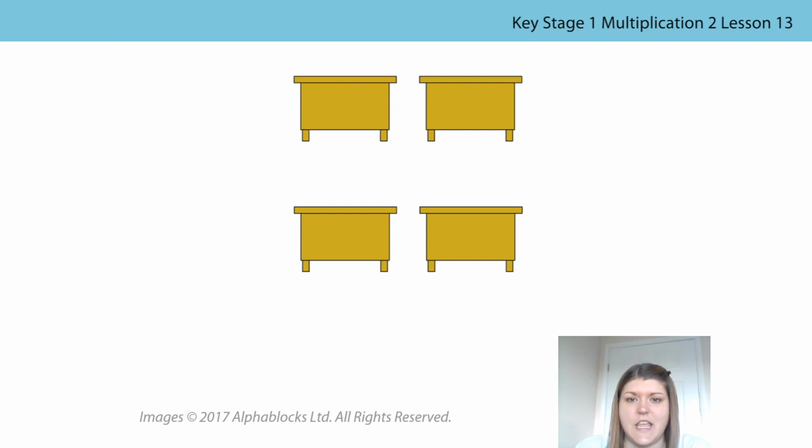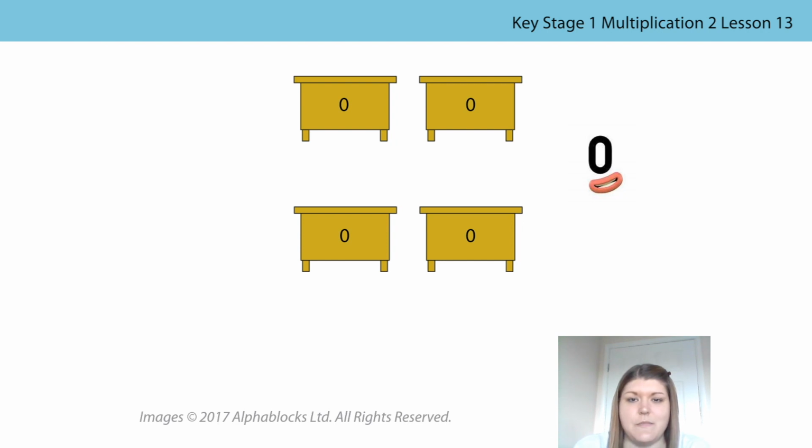So when there's nothing there, we write 0. 0, the hero. Whenever I say the number 0, I have to think about the number block 0. He is my favourite. I'm so glad he could join us in this lesson. So back to my desks. I've got 4 desks, 0 children.